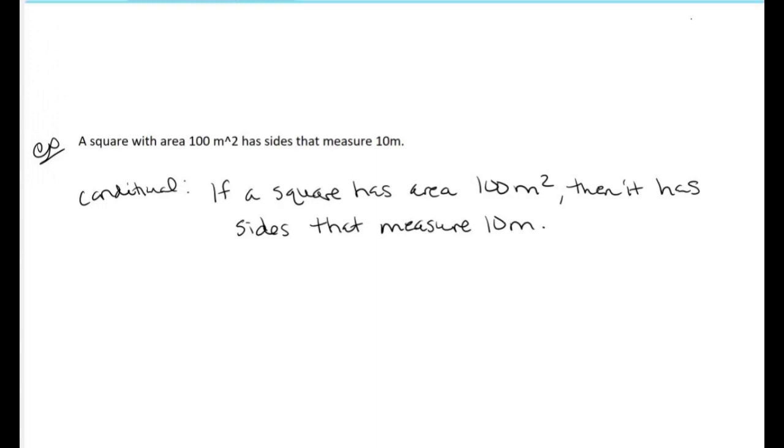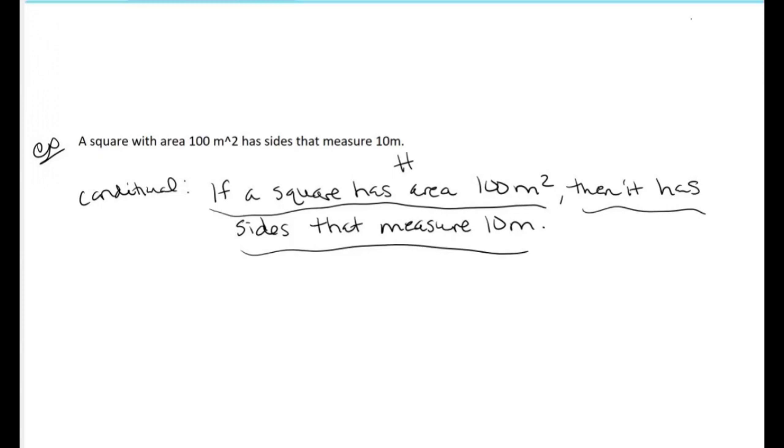If a square has an area of 100 meters squared, then it has sides that measure 10 meters. The hypothesis, the if portion, the conclusion, the then portion.